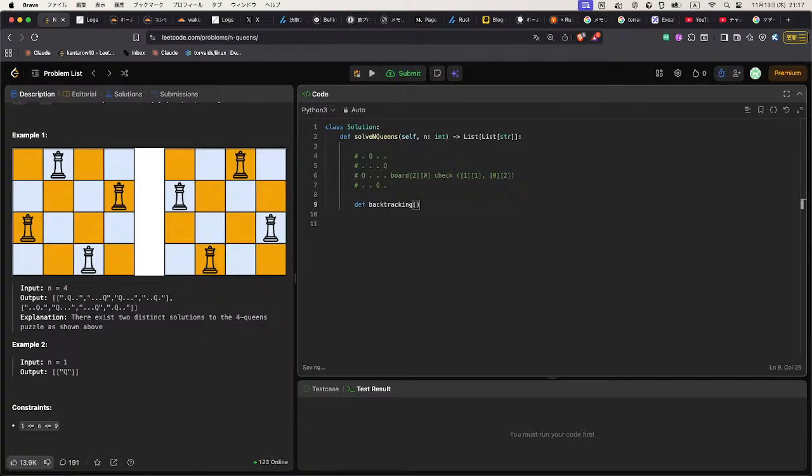And let me think about before coding, we have to think about the complexity, time complexity and space complexity.